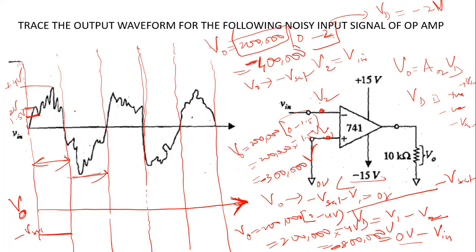So within this interval, your VD will be positive. As long as VD is positive, because of this large open loop gain of 200,000, it will go to positive saturation, positive V sat, slightly less than plus 15 volt. So it will be either negative V sat or positive V sat like this. It will still be a square wave. I hope you get the point here.